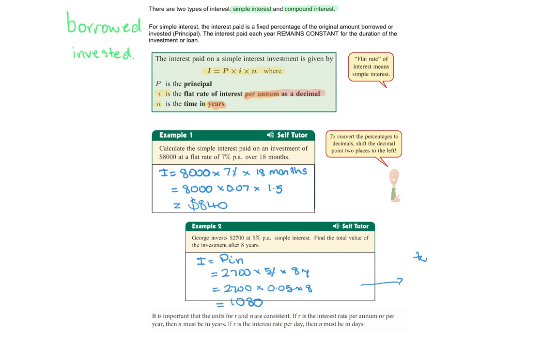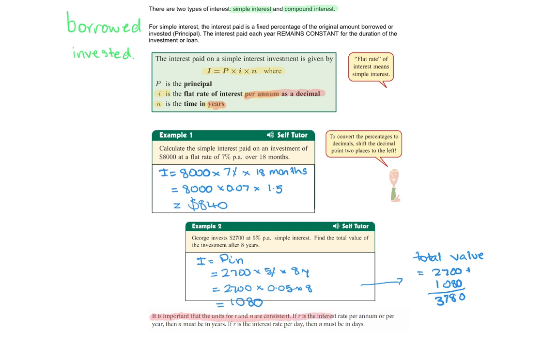So that's the interest, and then the total value is $3,780.